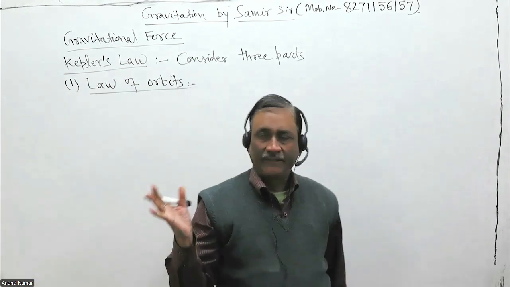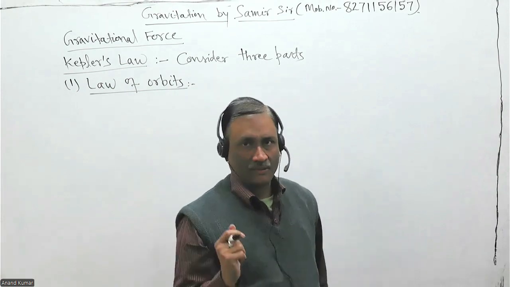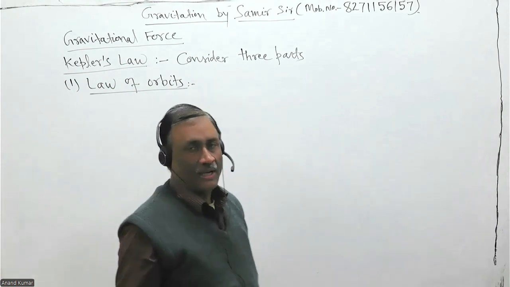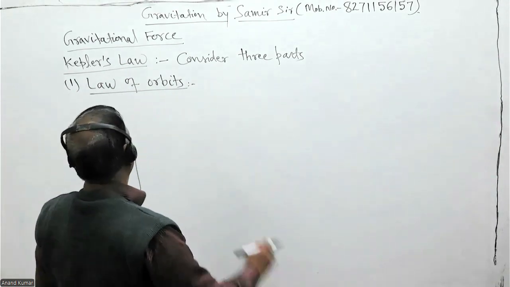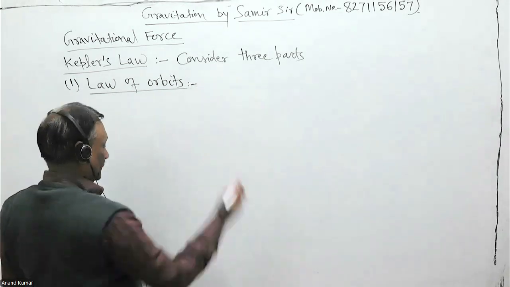Kepler's law is divided in three parts. The first part is known as law of orbit.